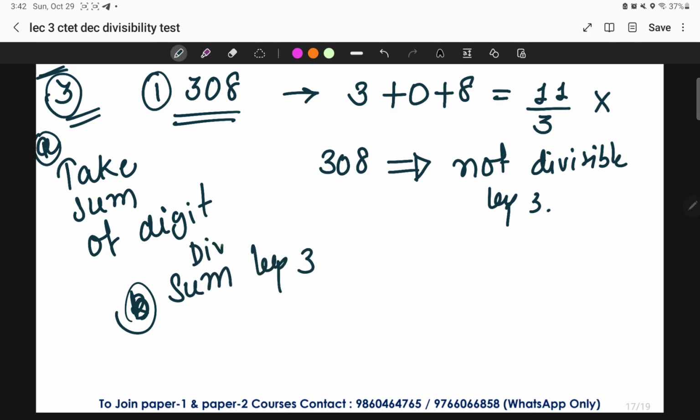I'll write it as A and B, so as not to get confused. Step B is to simply divide the sum by 3. If it is divisible, then the whole number will be divisible by 3. If not, then it is not divisible by 3.